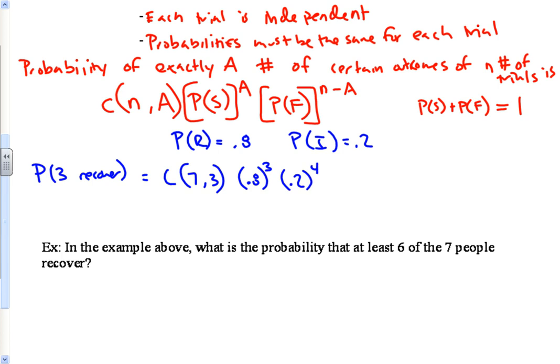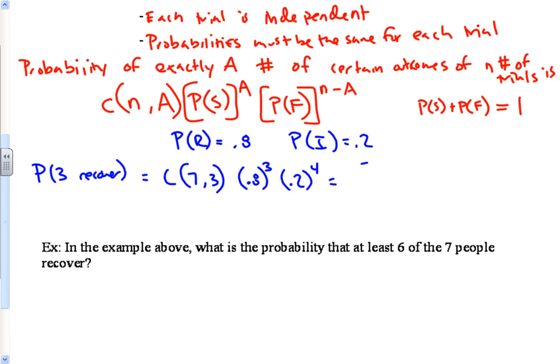Those two exponents should always add up to the total, because if there's a 0.8 chance of success, then there's 0.8 to the 3rd chance that we have successes, and if there's a 0.2 chance of failure, then there's 0.2 to the 4th chance of failures.